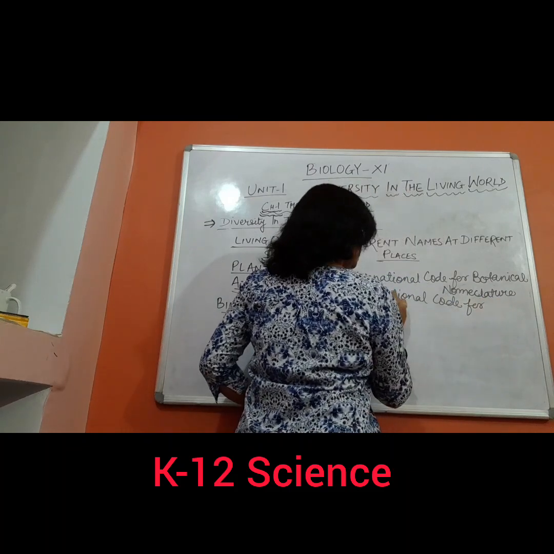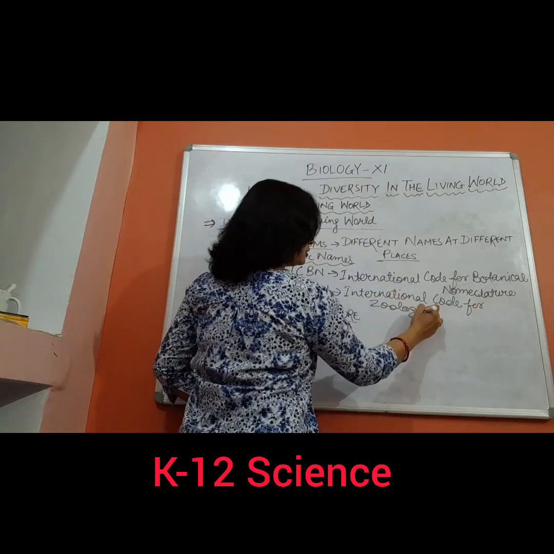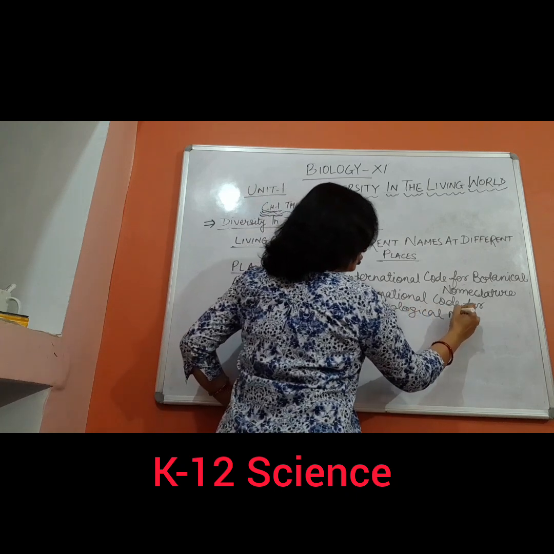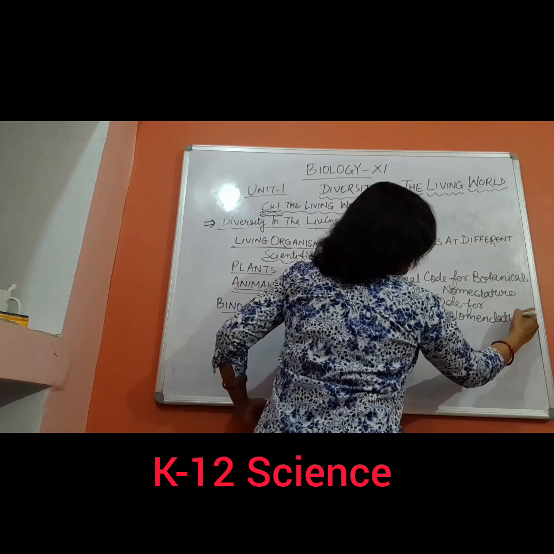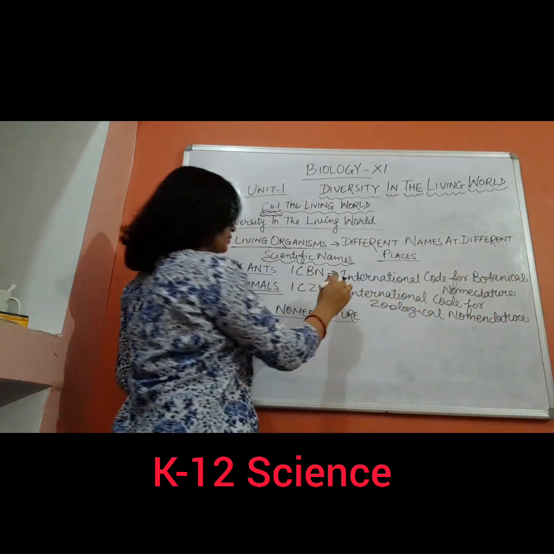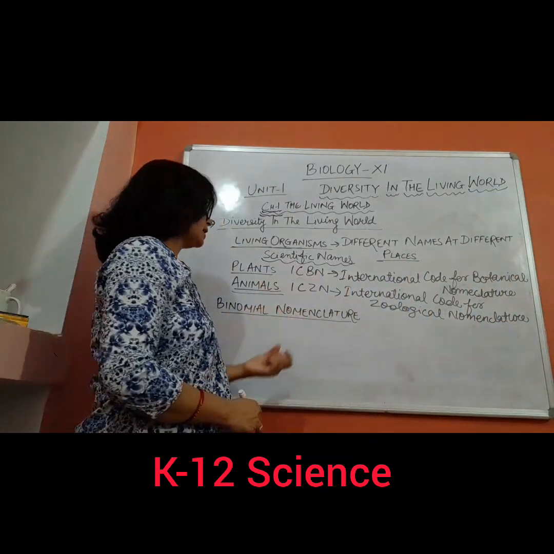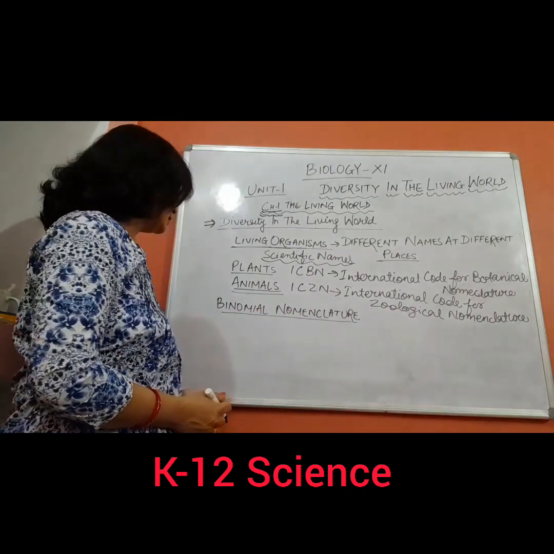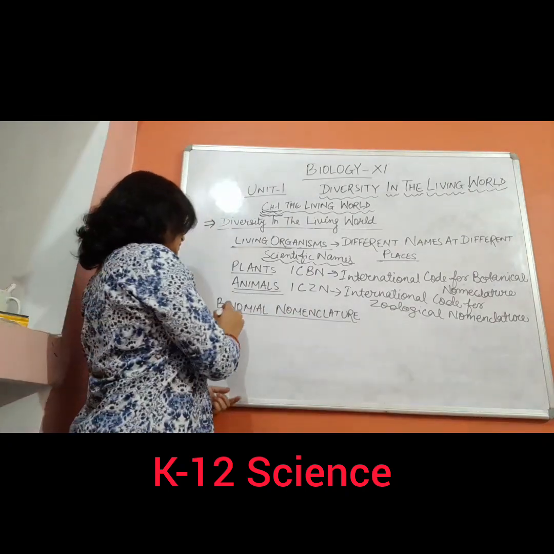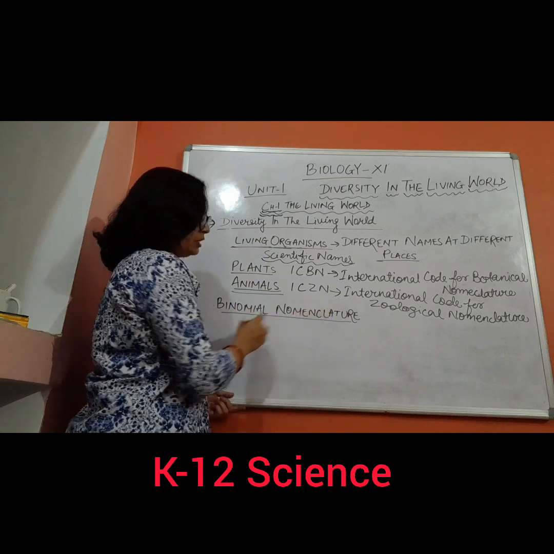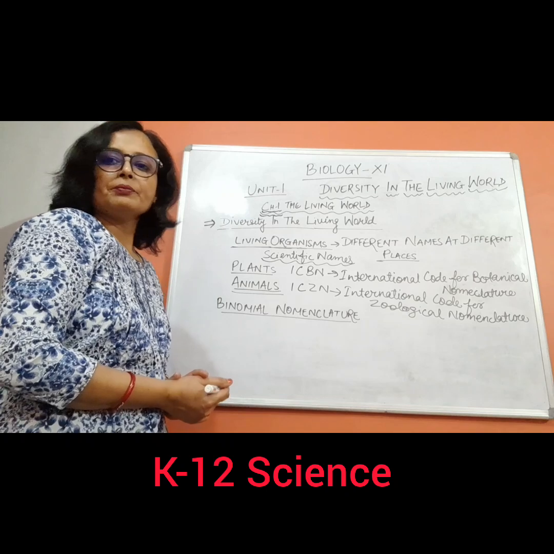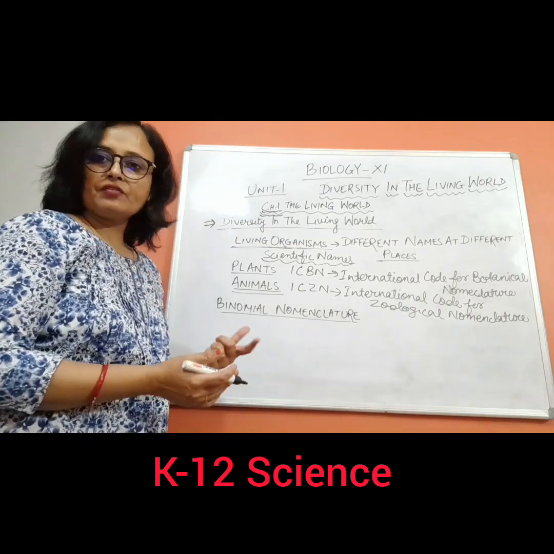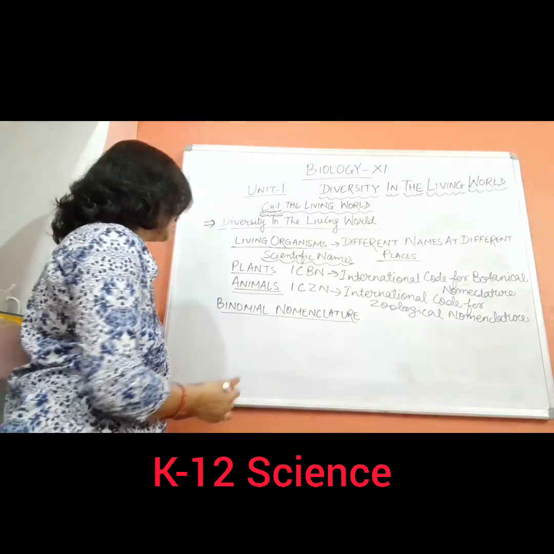So while giving a name, nomenclature means giving a name to a particular living organism, and there are rules given in ICBN and ICZN. And then binomial nomenclature was developed for giving scientific names to a particular living organism, whether plant or animal.